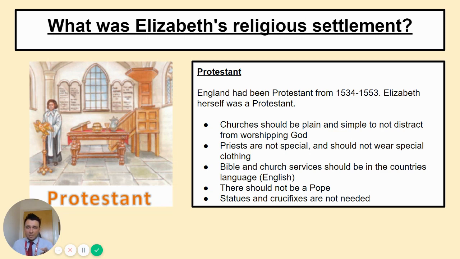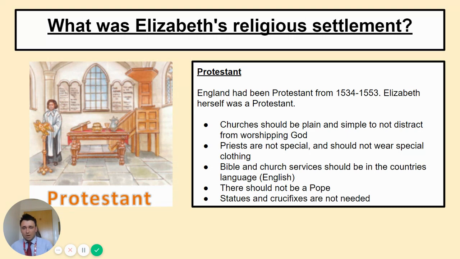Priests are not special and they shouldn't wear special clothing. The Bible and the church services should be in the language of the country. So obviously in this case they should be in English. There should not be a pope, and statues and crucifixes are not needed in the church. That shows a complete difference between the Catholics. They are two very different ways of doing things.